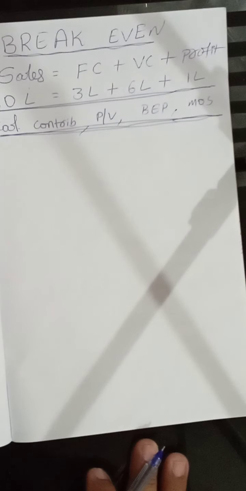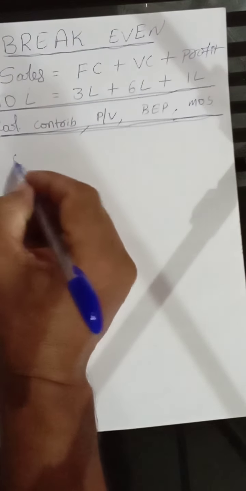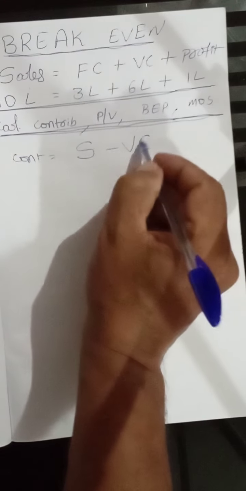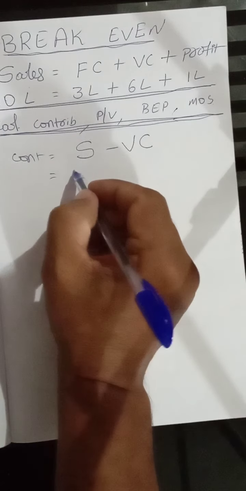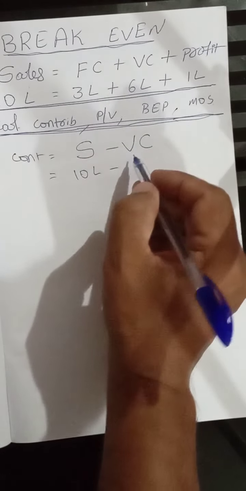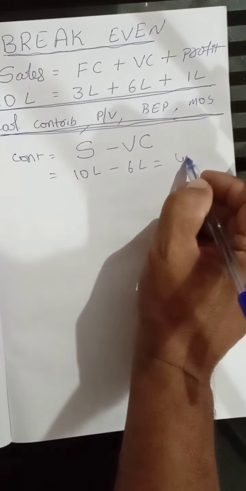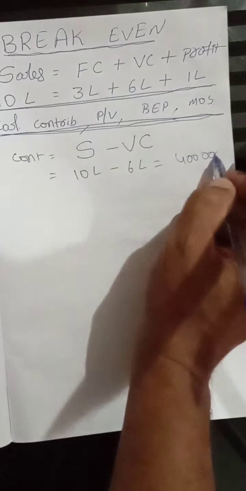Again here also, contribution is equal to sales minus VC, variable cost. Substituting in this formula, sales is equal to 10 lakhs minus variable cost is equal to 6 lakhs, which is equal to 4 lakhs. Then next, second one, P by V ratio.